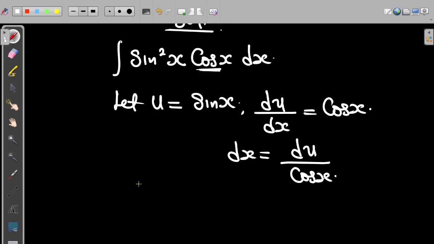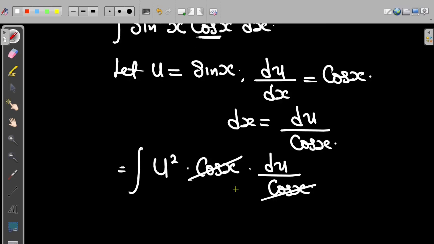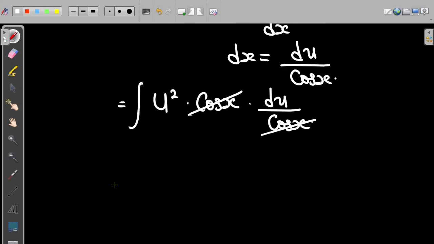So this becomes the integral of u squared multiplied by cos x, and dx now is du over cos x. At this point, cos x will cancel out, so we are left with the integral of u squared du.